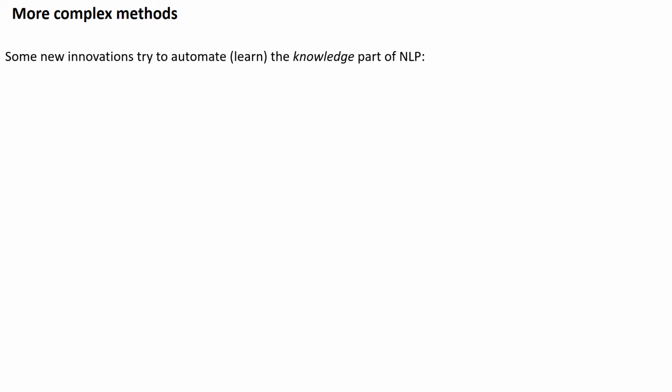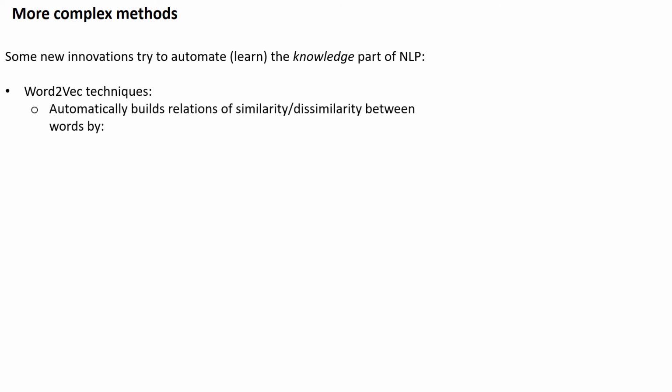I will only describe them in a rather superficial manner, and you only have to know the basic idea behind them. So these techniques are called word2vec techniques, which is a set of techniques relatively recently invented around 2013. And what these techniques try to do is they automatically build relationships of similarity and dissimilarity between words.